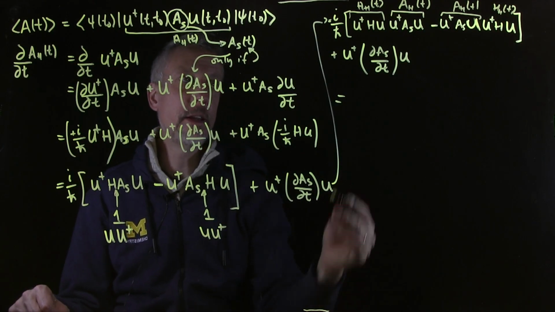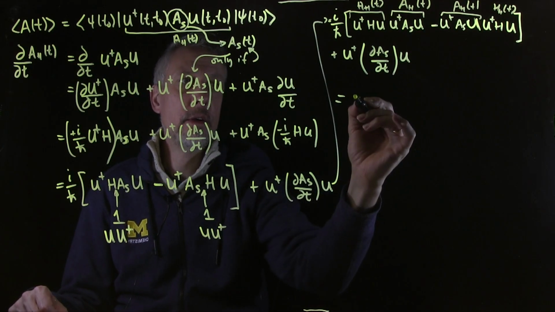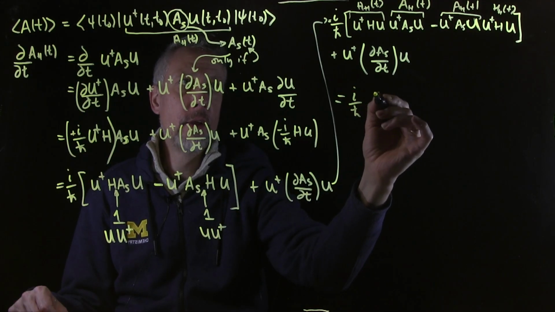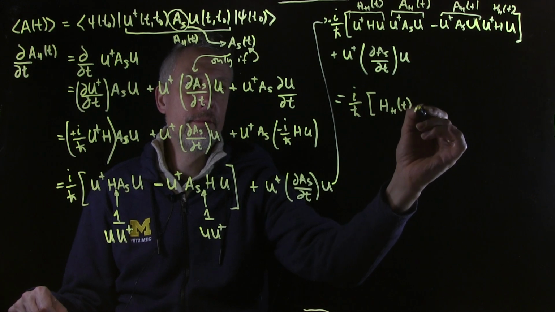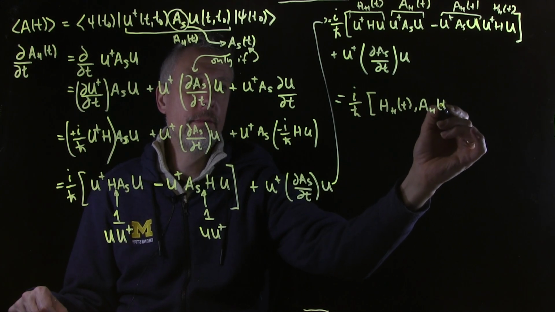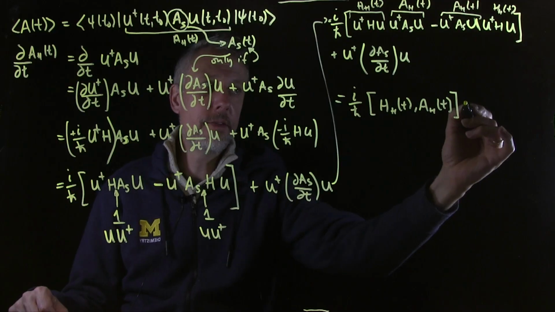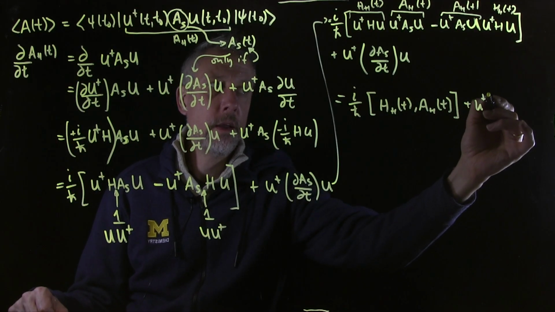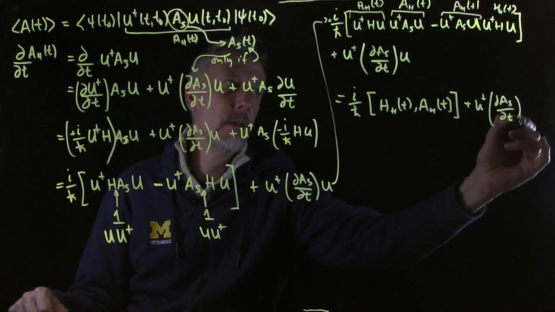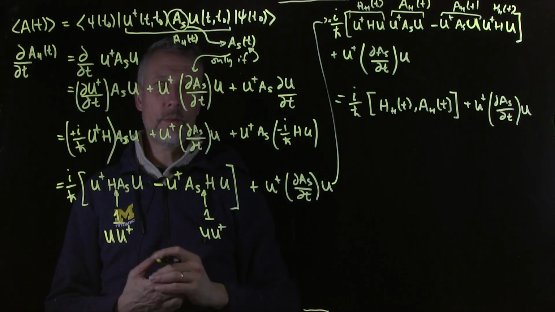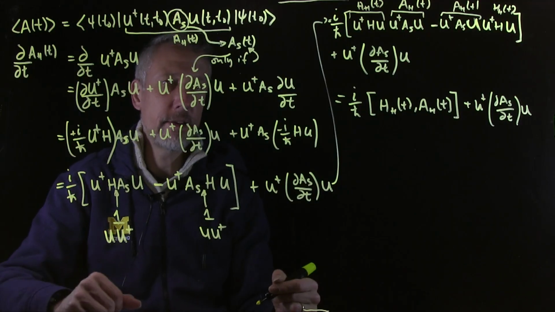Okay, so what you can see then is this is obviously the commutator. So this is i over h bar times the commutator of H with A plus the extra term. And in many cases, the extra term will not be there because you will be in the common case where the operator itself doesn't have any time dependence.